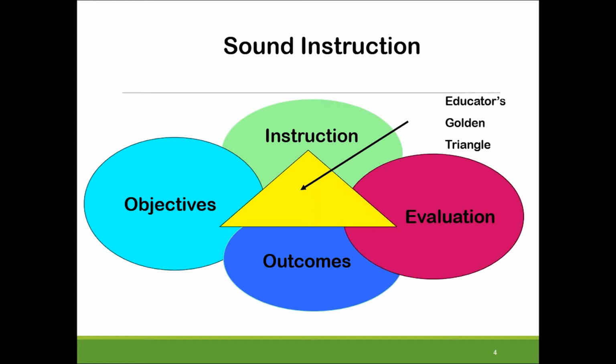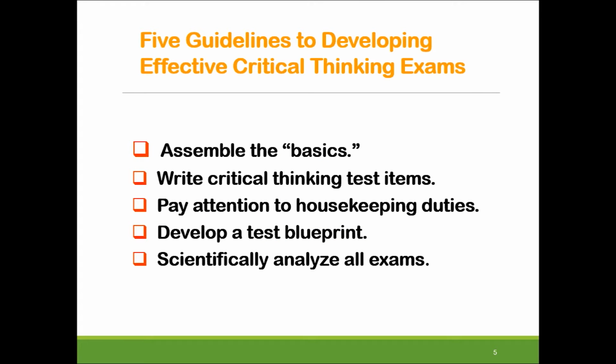So achievement of program outcomes can be viewed from the information gathered through an effective evaluation. And these should all tie in. When they tie in together, we talk about that actually living within the instructor's golden triangle, the place that you always want to be with your curriculum at any given time.